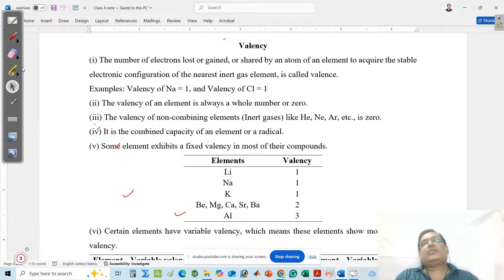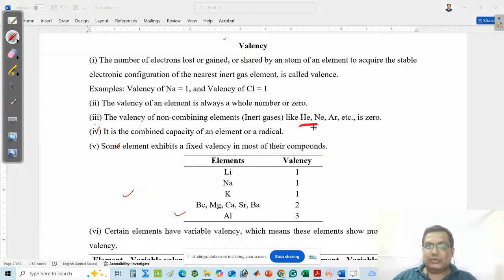Similarly, if an element does not want to lose, gain, or share electrons, because it itself obeys the octet rule, that means it has 8 electrons in the valency shell or 2 electrons in the valency shell, such types of elements have zero valency. Example is helium. Helium already has 2 electrons in its valency shell, so it does not need any electron to share or lose or gain.